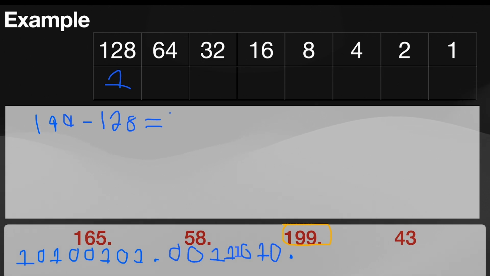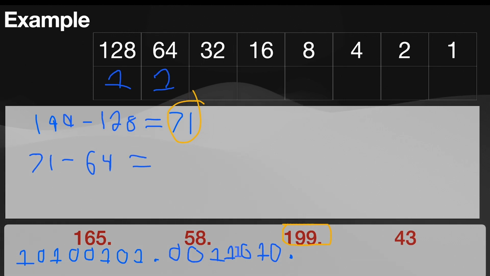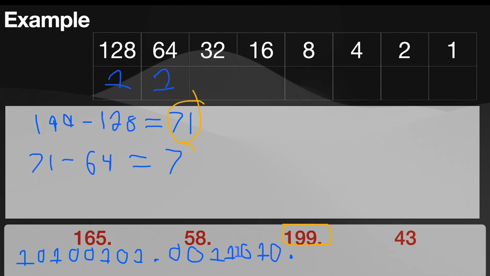That will give us 71. Same thing, that's our new number. And then 64 is less than or equal to 71, so that gets a 1. So 71, take away 64, is going to be 7. That's our new number.